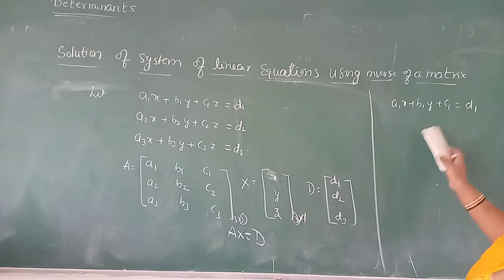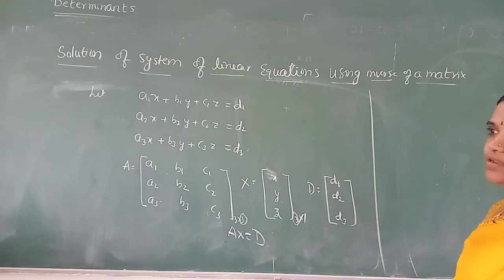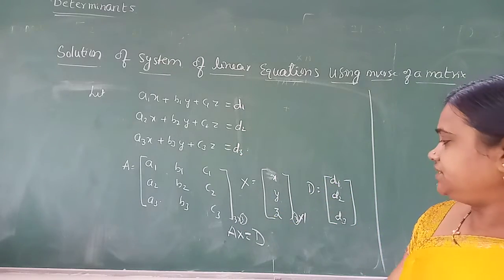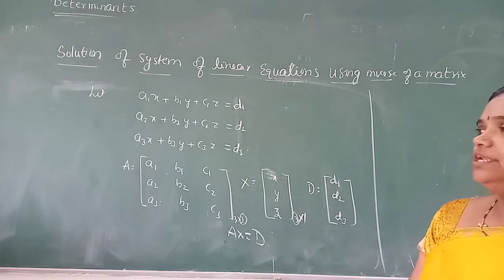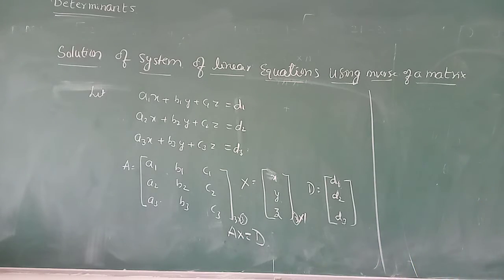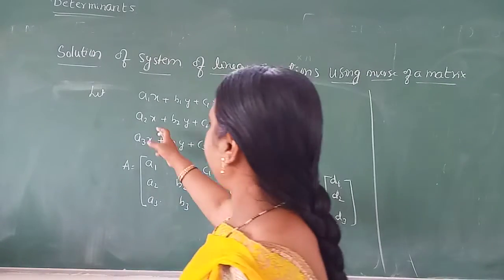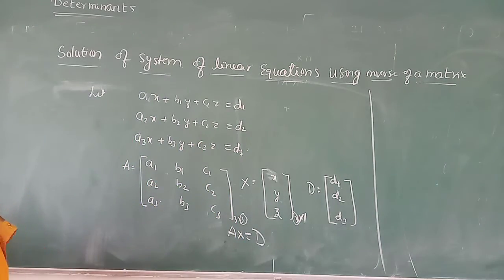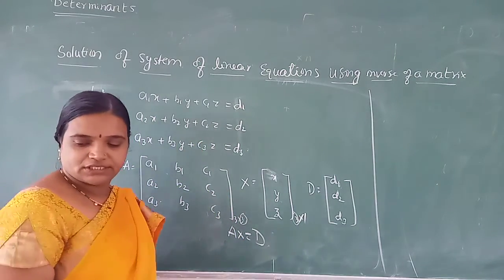Okay, in this way we can write the given system of equations. Therefore, we can write AX equal to D. But now we have to calculate the value of x, y, z.